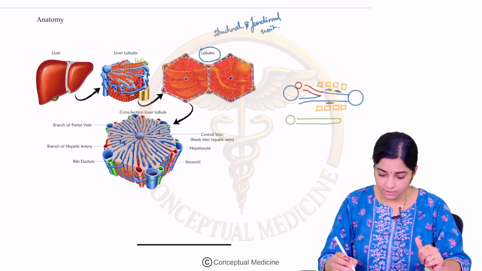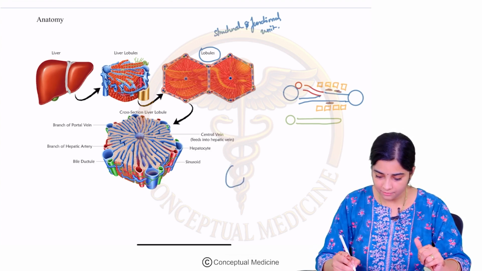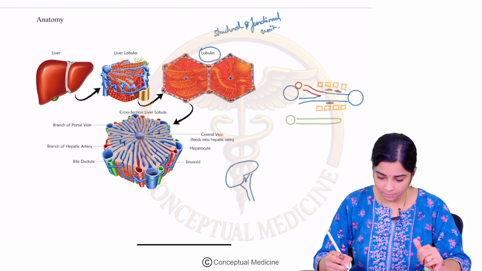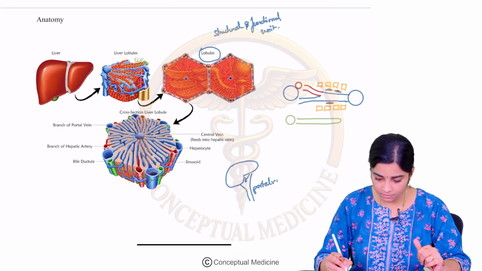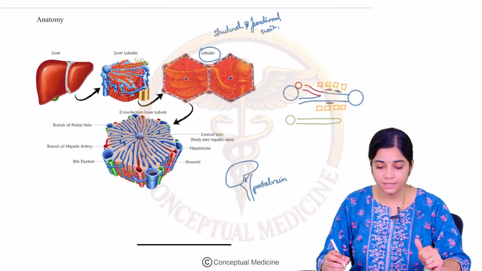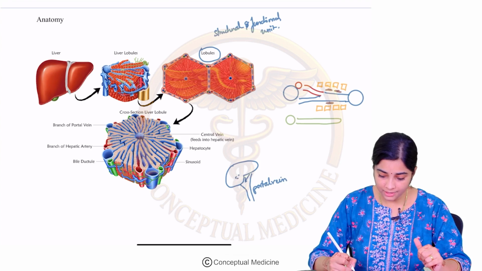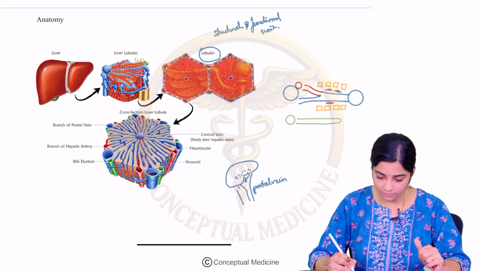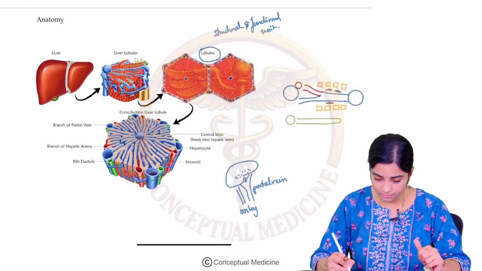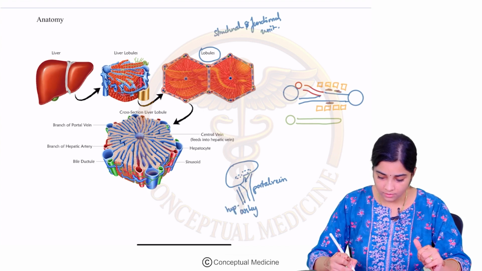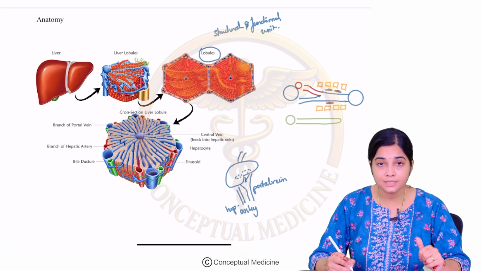When you understand the blood supply of the liver, the major blood supply is basically by the portal vein, and the portal vein drains into the liver along with the hepatic artery. Then you have the hepatic vein, which drains out of the liver.